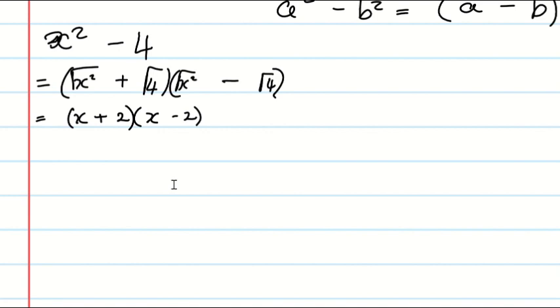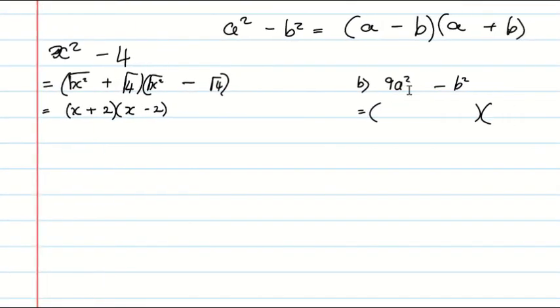Now if I look at example B, we have 9a squared minus b squared. I'm going to open 2 brackets and I'm not going to show my step anymore. I'm just going to go straight to the answer. So this is going to look like the square root of 9.